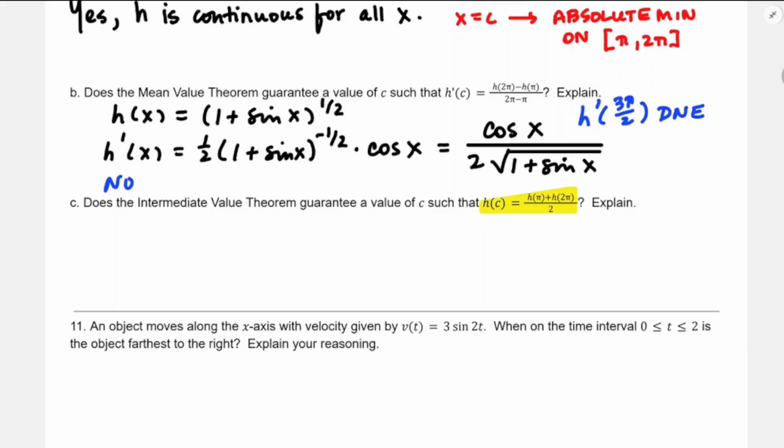That's just the average of them, right there in the middle. I've never seen them ask about the intermediate value theorem, but that's just asking, does h achieve the value halfway between where it started and where it ended? And that would be yes, because it's continuous.